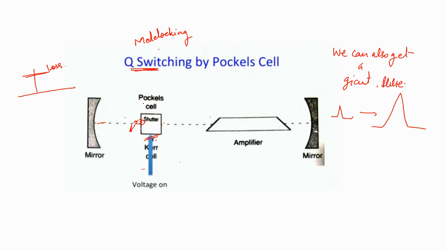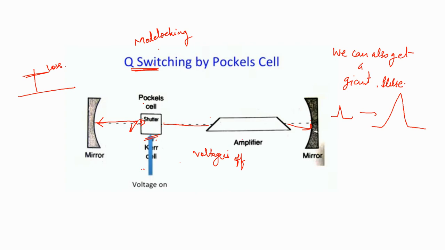It goes straight and then passes through the amplifier, to and fro, and goes straight. This happens when the voltage is off.